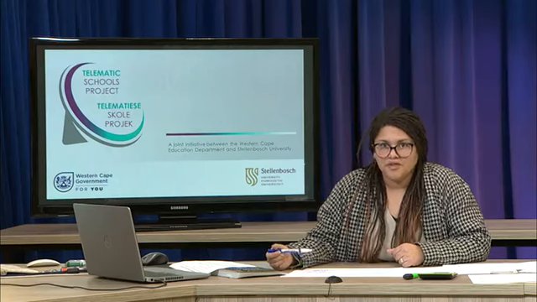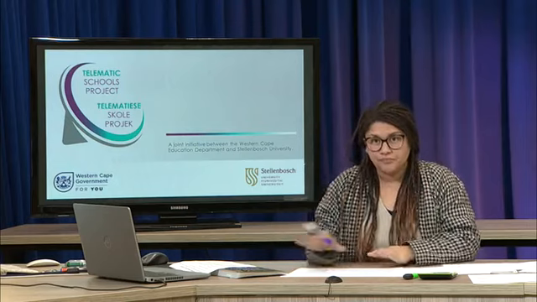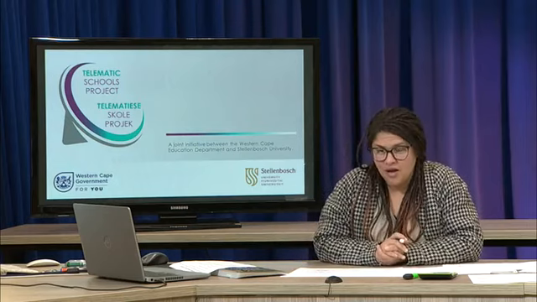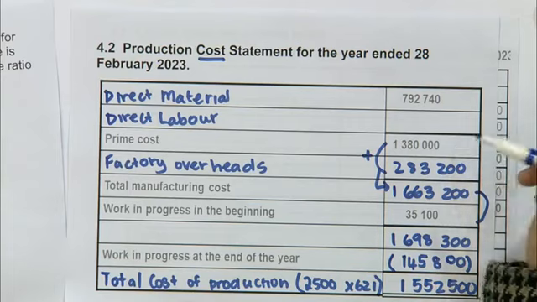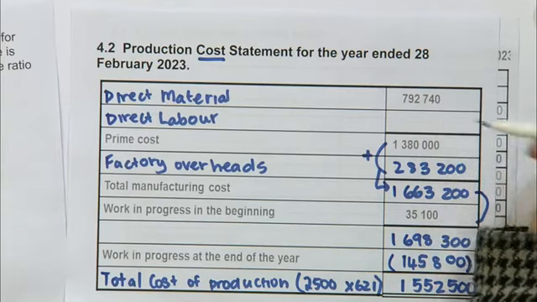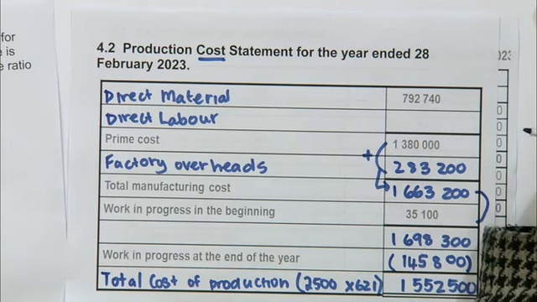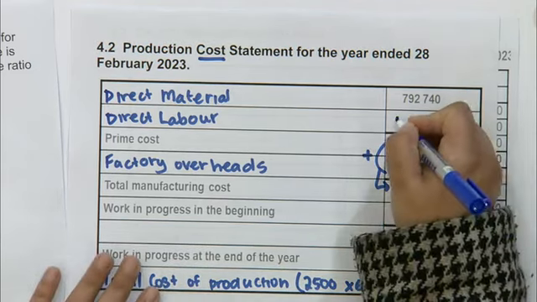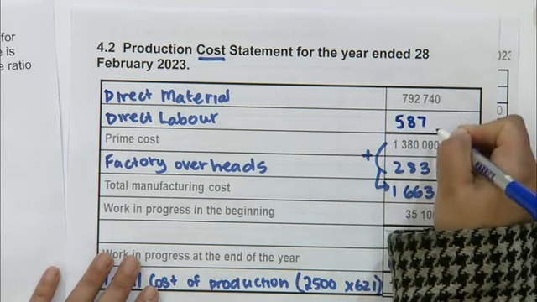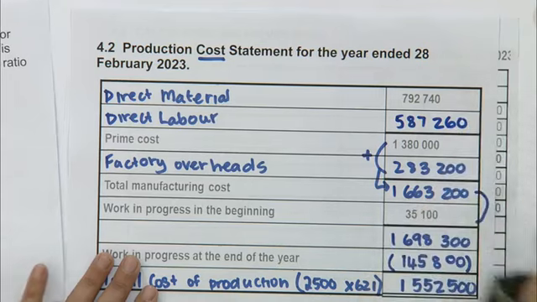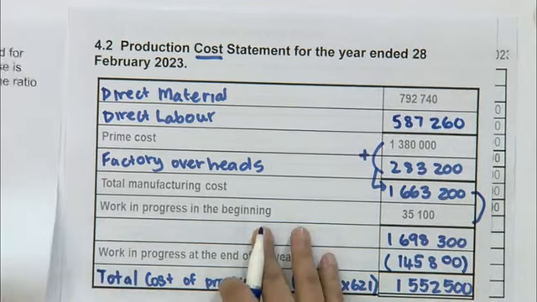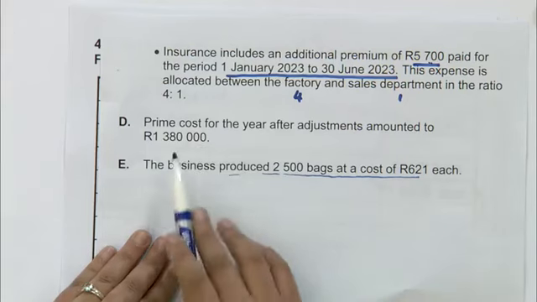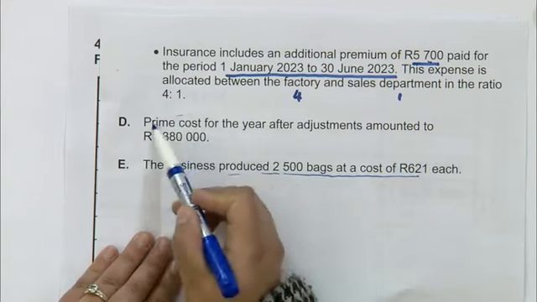So, if you look at your direct labor, it's very easy to figure it out without looking at additional information, by just looking at your format and what you filled in. You can simply say the 1,380,000 minus 792,740, and that amounts to 587,260. Because if you add these two amounts, it will give us that 1,380,000, which they told us is what our prime costs amount to.